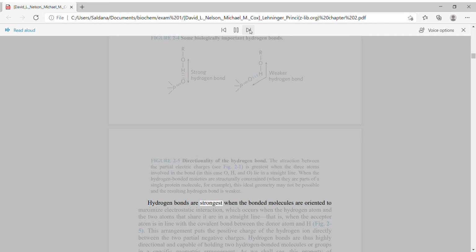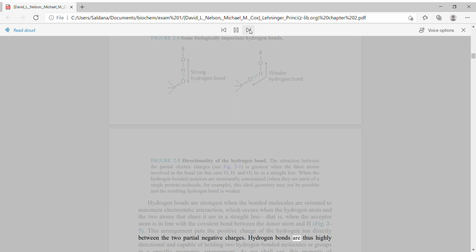Hydrogen bonds are strongest when the bonded molecules are oriented to maximize electrostatic interaction, which occurs when the hydrogen atom and the two atoms that share it are in a straight line, that is, when the acceptor atom is in line with the covalent bond between the donor atom and H. Fig. 2-5. This arrangement puts the positive charge of the hydrogen ion directly between the two partial negative charges.